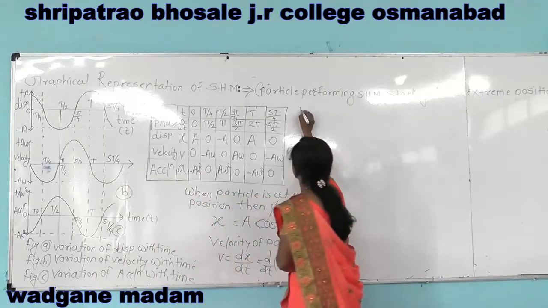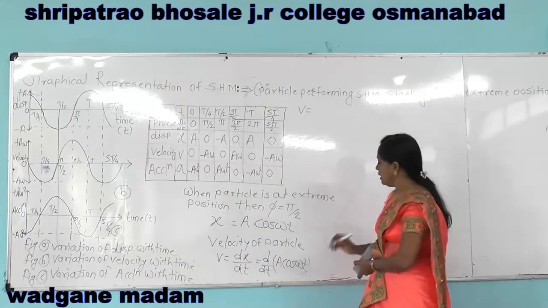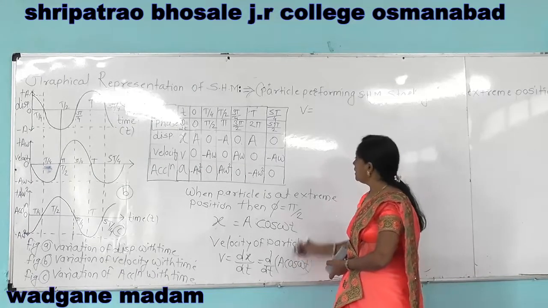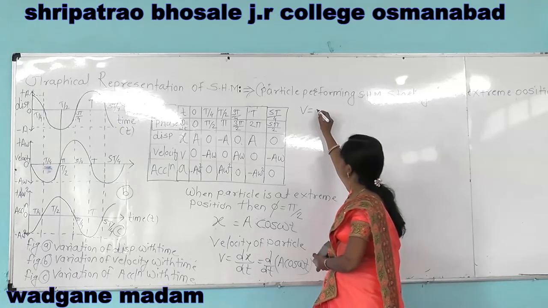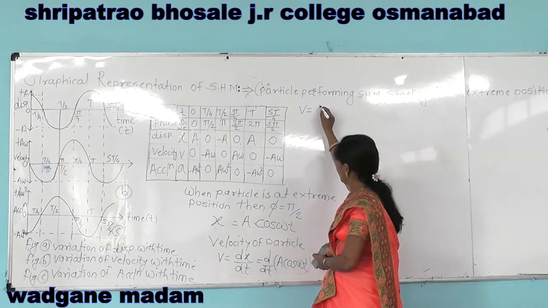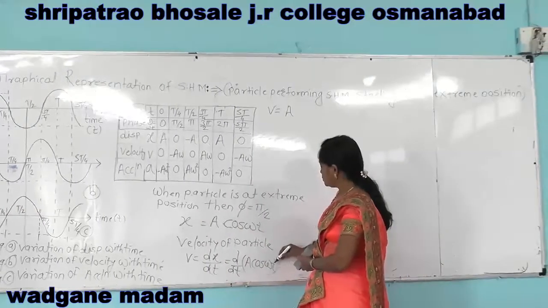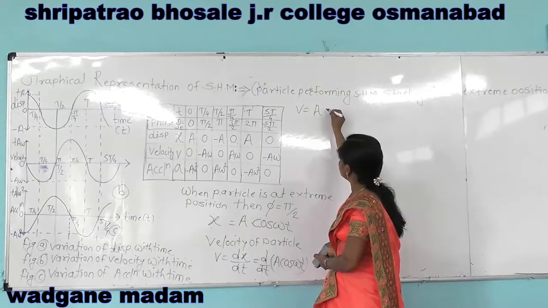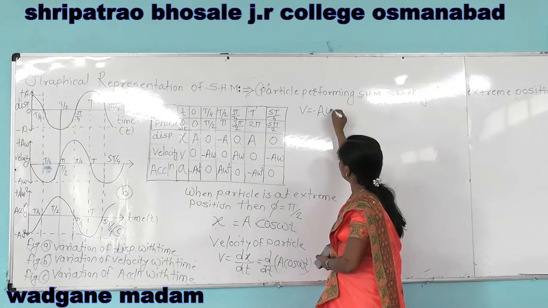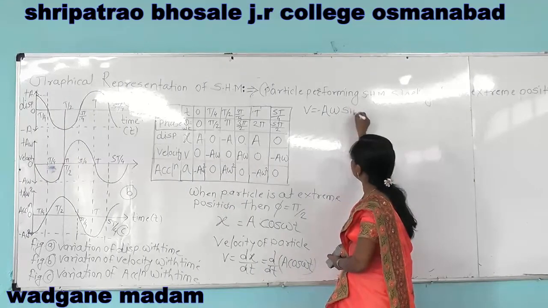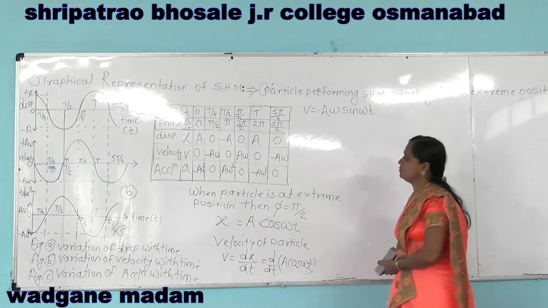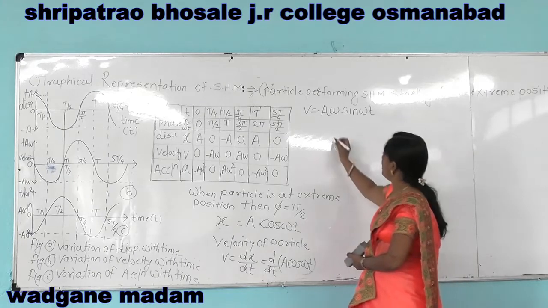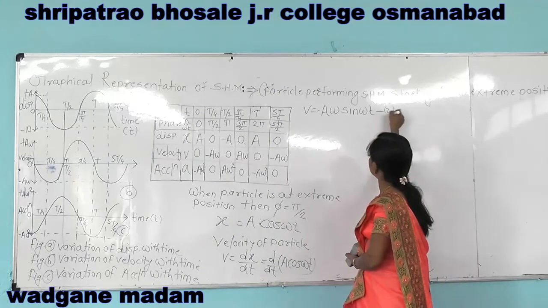The derivative of cos omega t is minus sin omega t. Therefore v is equal to minus a omega sin omega t. Say this is equation number 2.